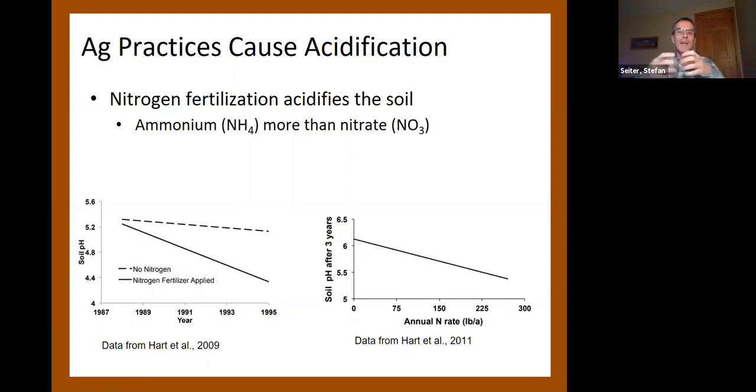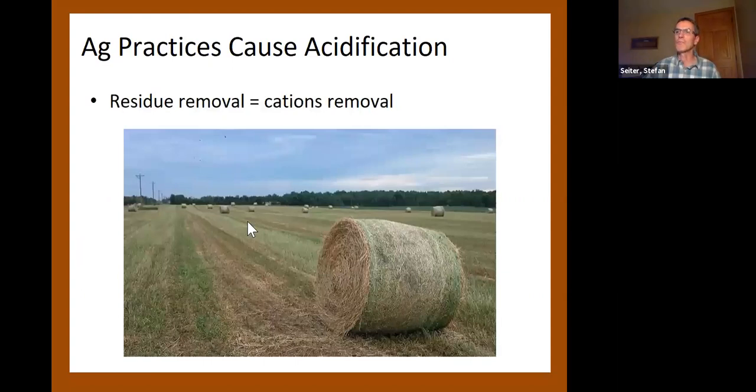It's actually about 0.1, a tenth of a unit, for each 100 pounds of nitrogen per acre applied. So that gives you a rough sense for how fast the pH goes down with nitrogen fertilization.